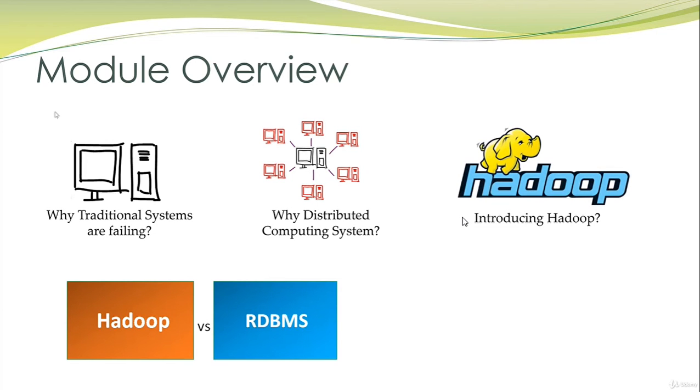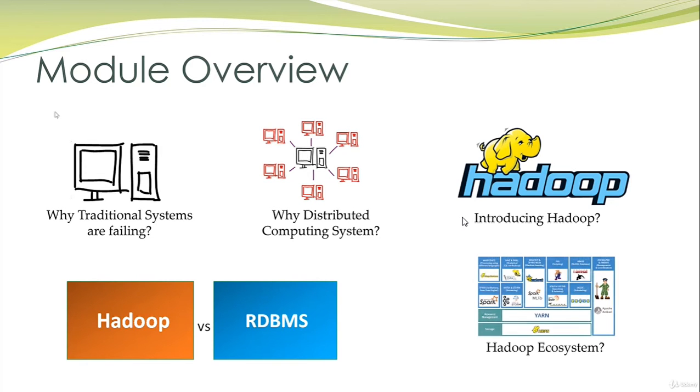We will also discuss a fundamental understanding of the three main building blocks or components of Hadoop, like HDFS or Hadoop Distributed File System, the MapReduce programming model for processing, and the resource negotiator YARN for cluster management. We will also take a quick look at other components of the Hadoop ecosystem. Thank you.